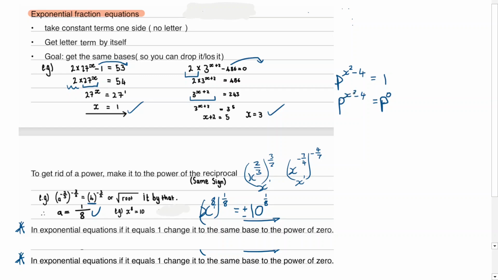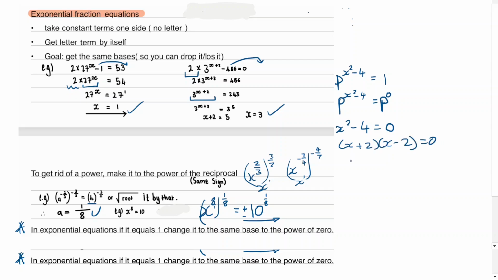By doing that little step, I can now say that the power x squared minus 4 must equal the other side's power, and from there you can factorize it and you can get your two answers.